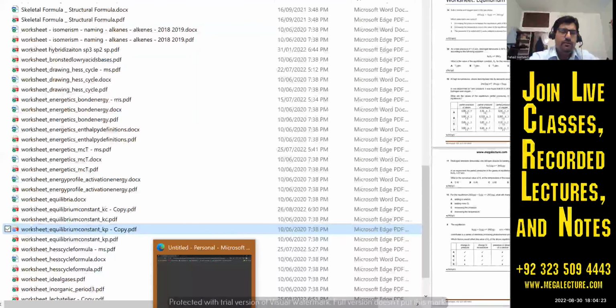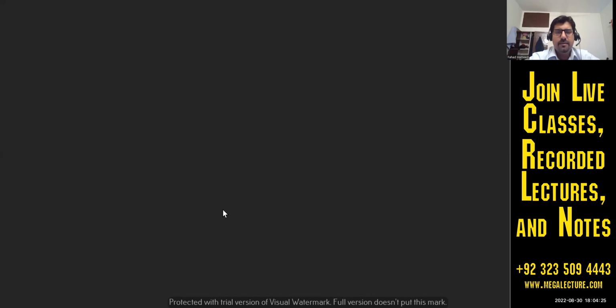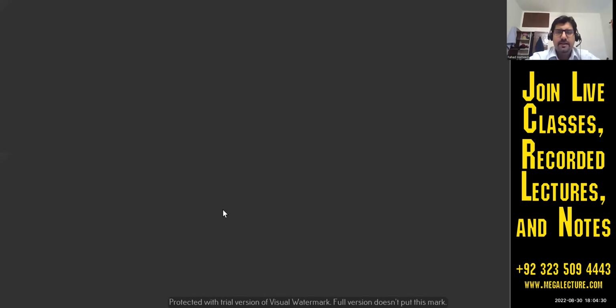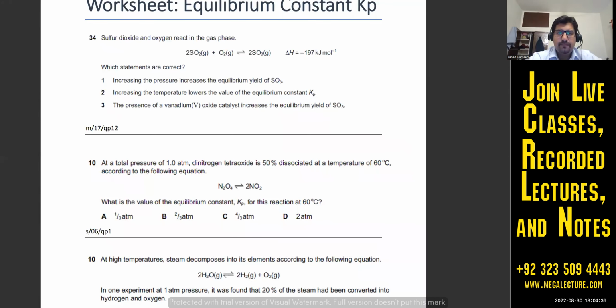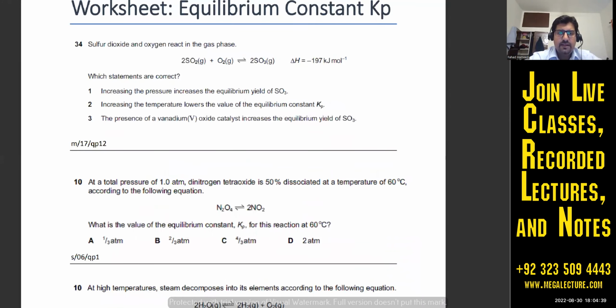When we study the next constants, Kw etc., it's going to be the same exact concept, just an application of that. So let's do a question or two from this Kp worksheet.